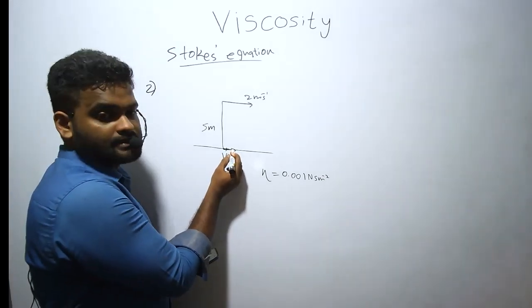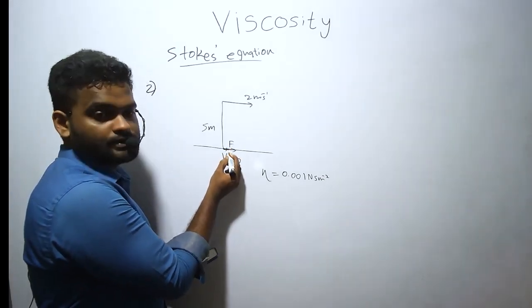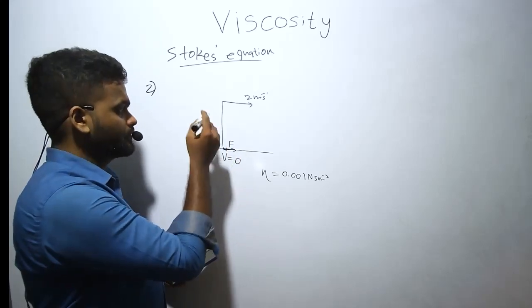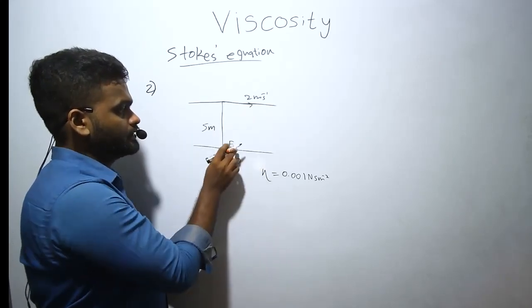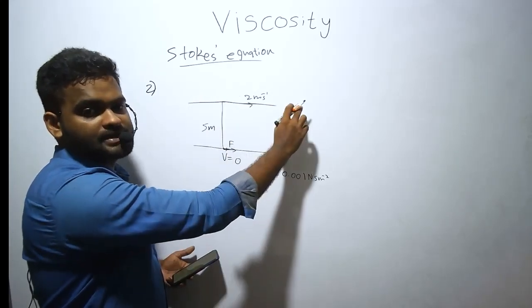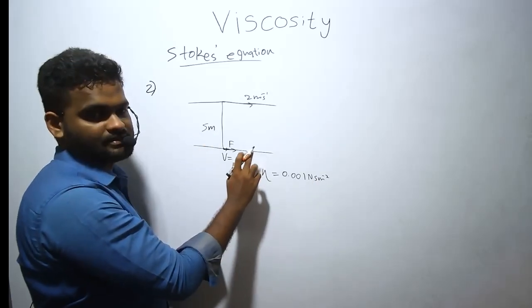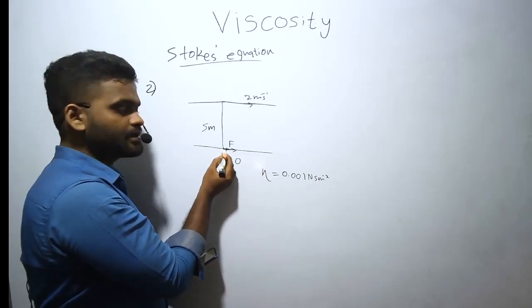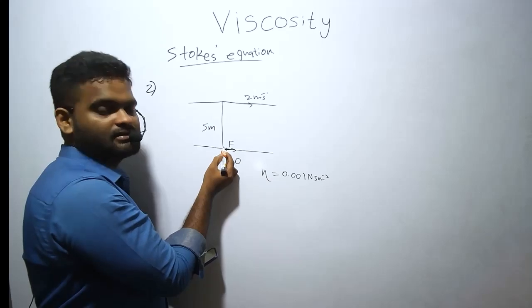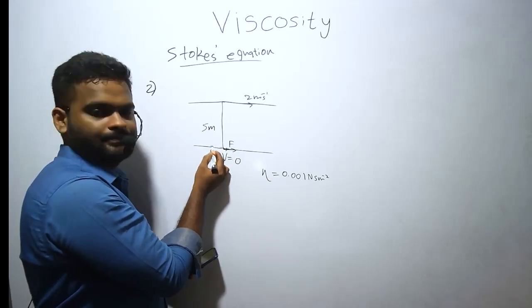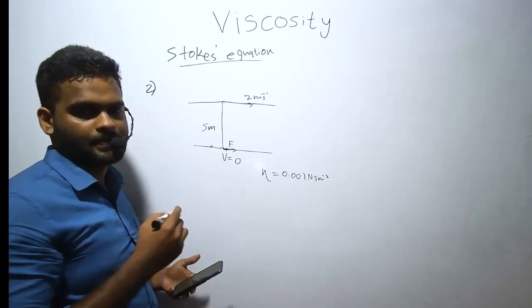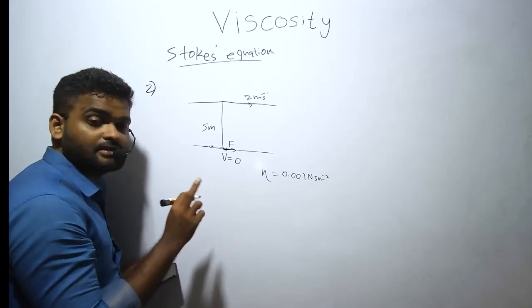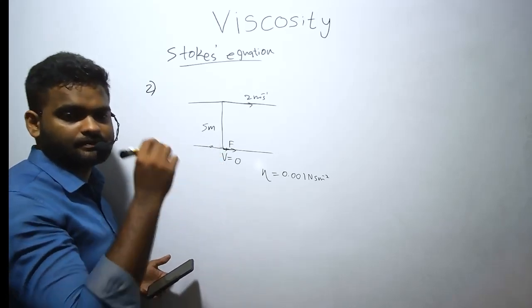So here what they ask is this force, right? The top layer moves at 2 meters per second. Bottom layer is at 0. Then there's a friction acting on the river bed, which is equal to the viscous force here. Correct? Viscous force per unit area. That is what they ask.